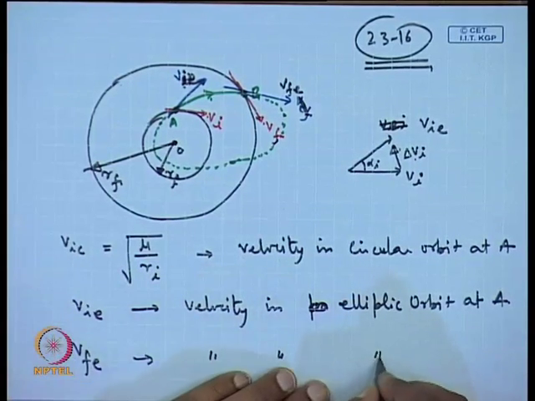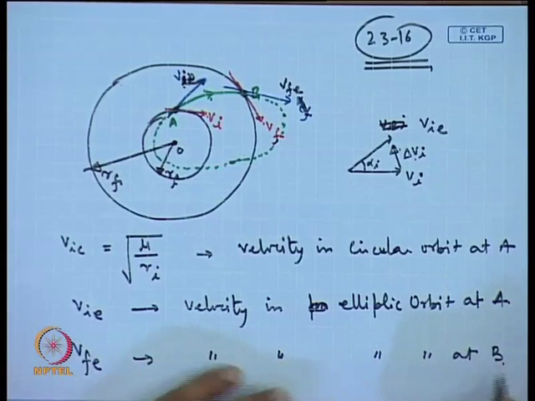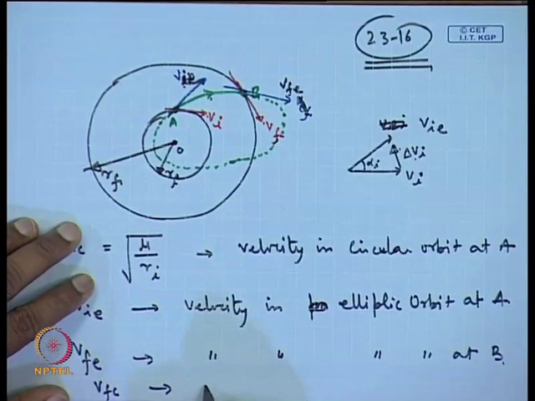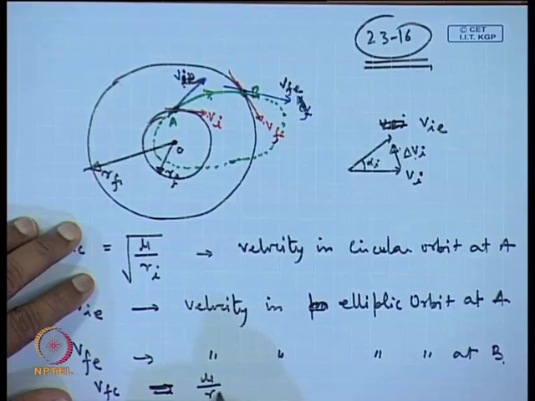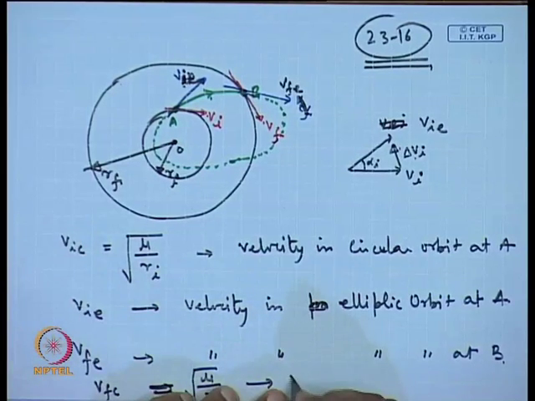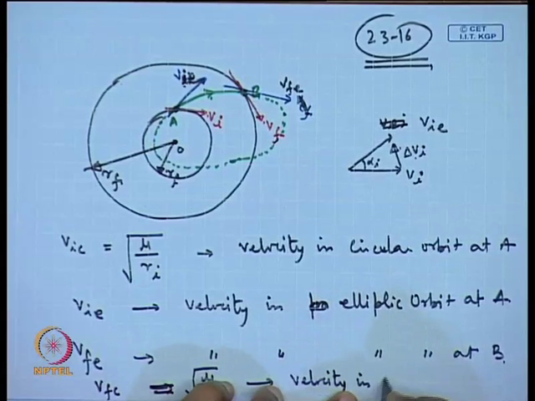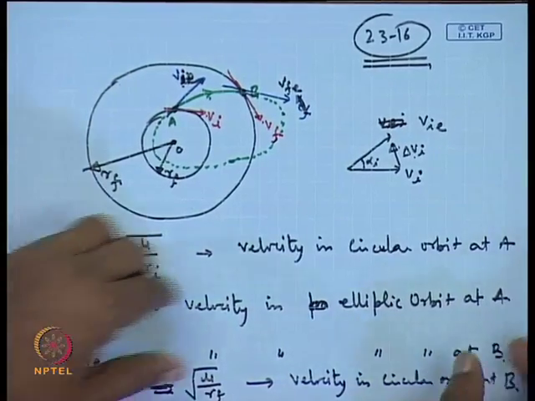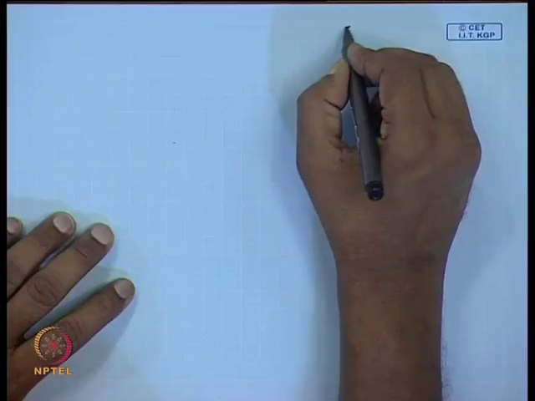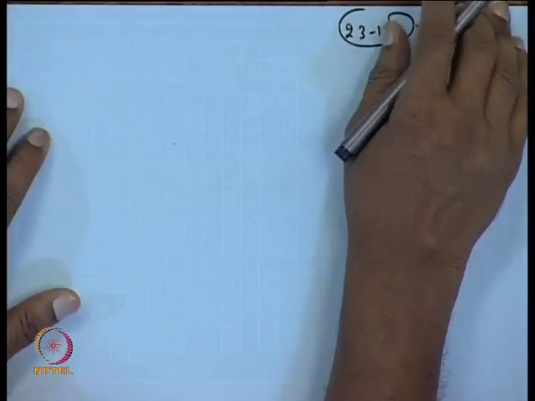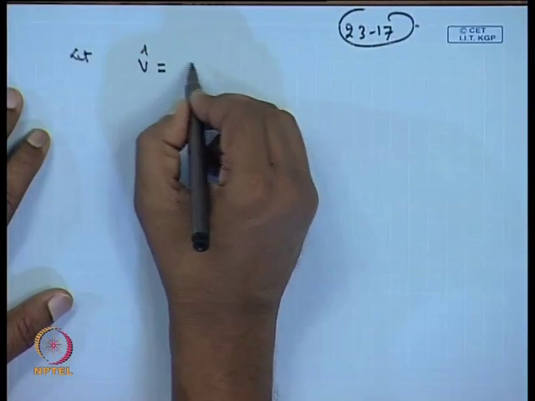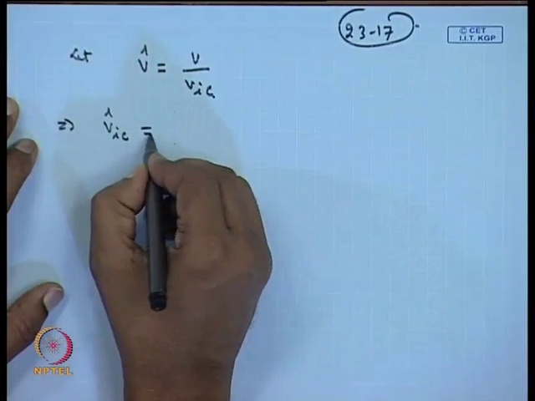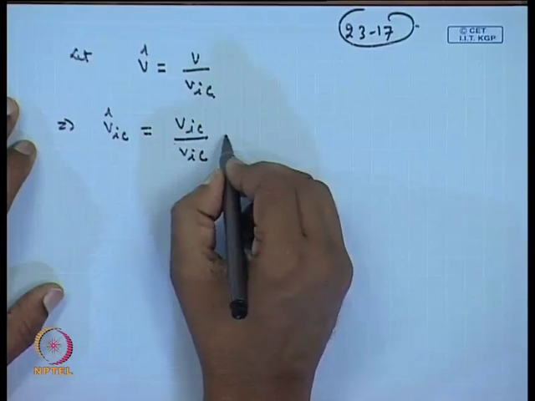V F E is the velocity in elliptic orbit at B, and V F C, which is equal to root of mu by R F, is the velocity in circular orbit at B. And let V cap equal V by V I C. Okay, so, this implies V I C cap will be equal to V I C by V I C, which is equal to 1.